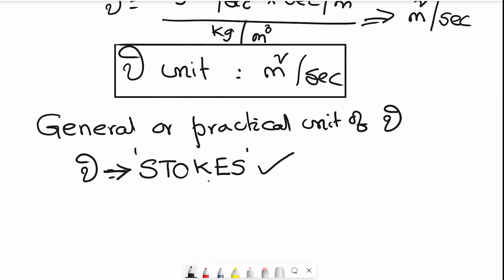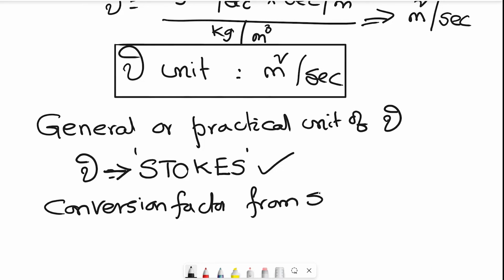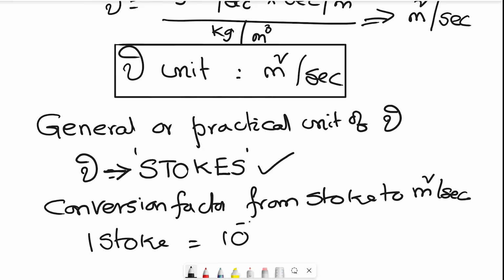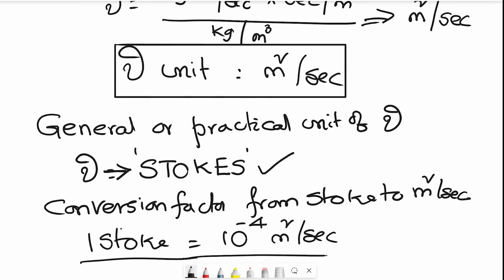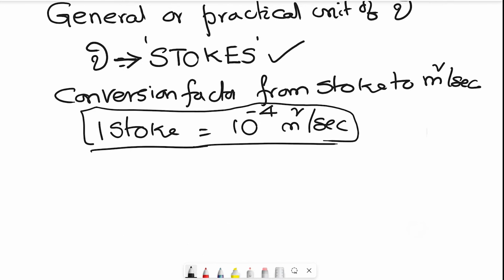Then how to convert Stoke into our unit, meter square per second? The conversion factor is 1 Stoke is equal to 10 to the power of minus 4 meter square per second. Very, very important, because these things are important for you to solve any problem.